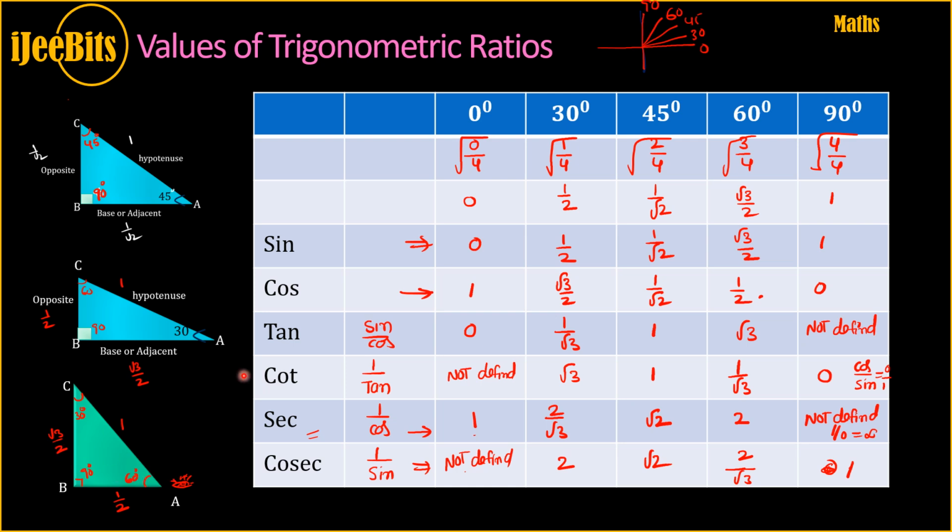You get root 3 by 2. Okay. I know it's very hard to remember everything, but either you can remember these triangles with values, or this is how you can construct them. Both ways, you will be able to leverage these values to solve trigonometry sums.